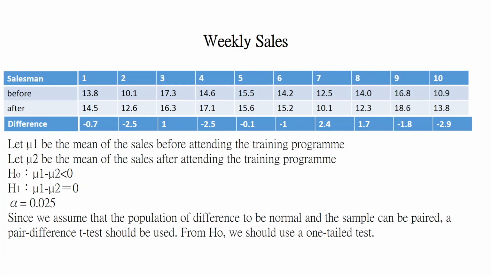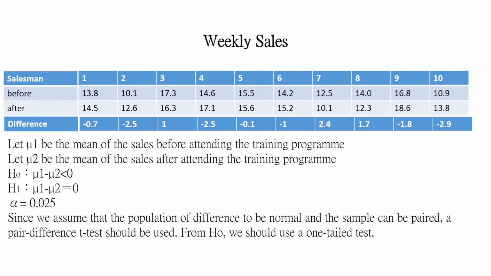First, let mu1 be the mean of the sales before attending the training program. Let mu2 be the mean of the sales after attending the training program. The null hypothesis is mu1 minus mu2 equals 0, and the alternative hypothesis is mu1 minus mu2 smaller than 0.